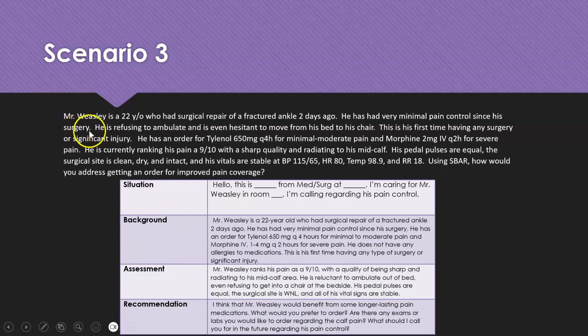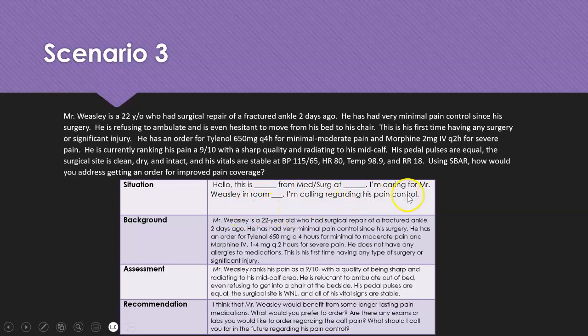Okay. I hope that you paused and you worked on your SBAR. Okay, Mr. Weasley, we did all this. Y'all know what the situation is. Situation: Hello, this is Nurse Blank from Med Surg. I'm caring for Mr. Weasley in room such-and-such.